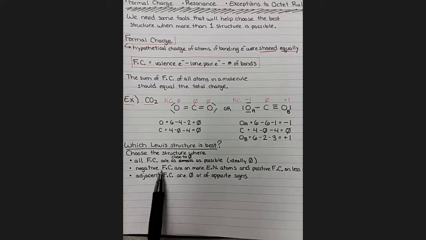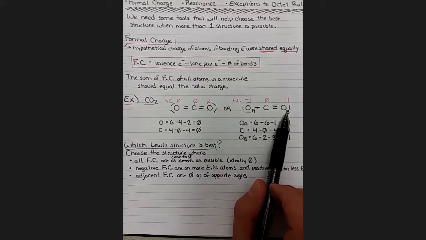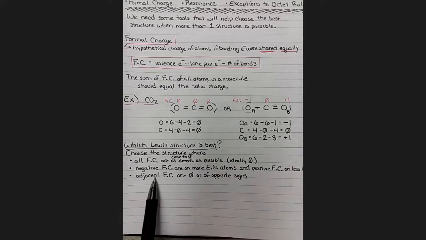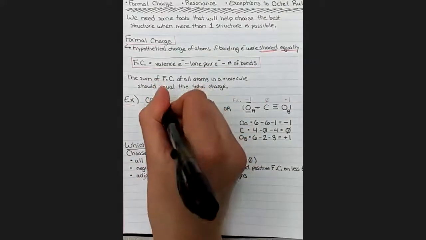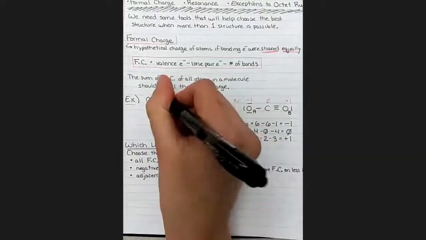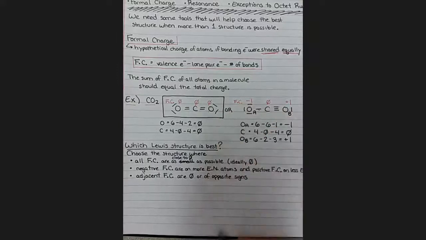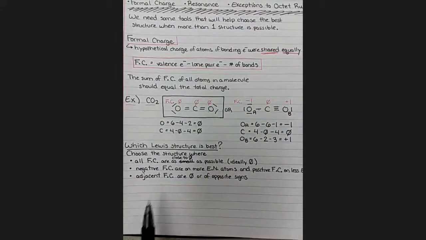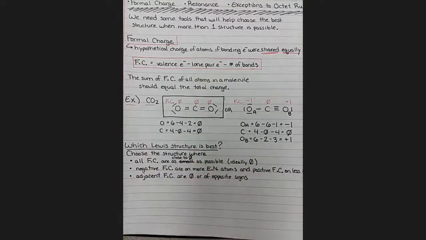We're also looking for negative formal charges on electronegative atoms, which we do in this oxygen, but not with this oxygen. And adjacent formal charges are zero or opposite signs. That's okay. But the first rule makes it obvious. This Lewis structure on the left is much more likely, much more stable. So we're going to put a box around this one. This is going to be the predicted Lewis structure.